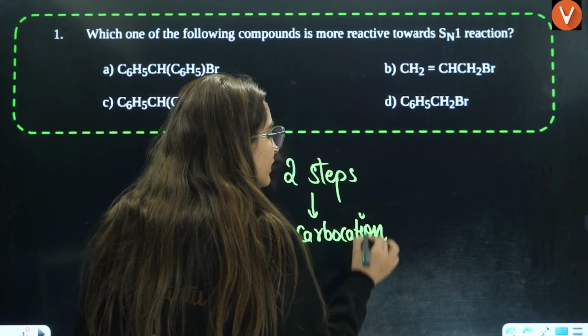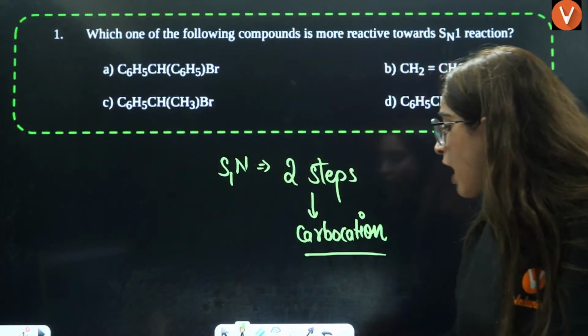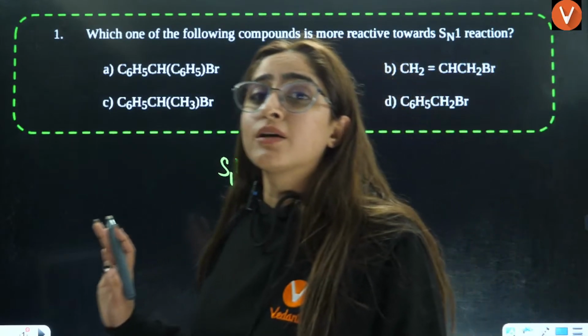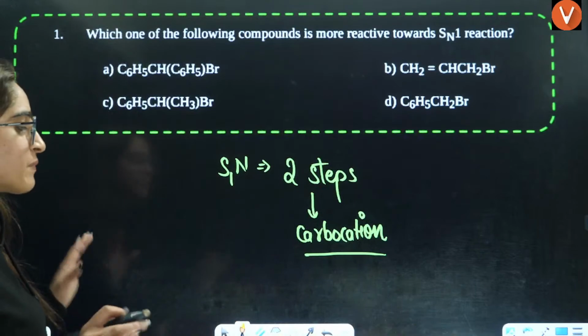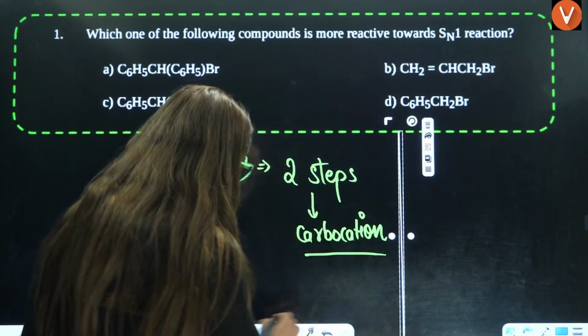So simply, you are going to see the most stable carbocation that is formed. That will be answered from GOC, which is the most stable carbocation.